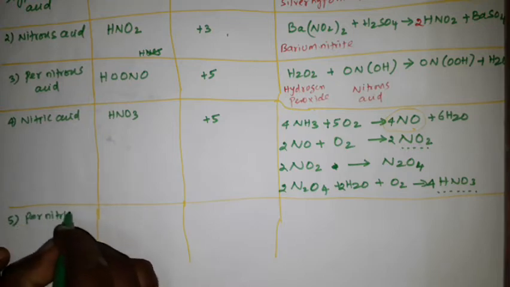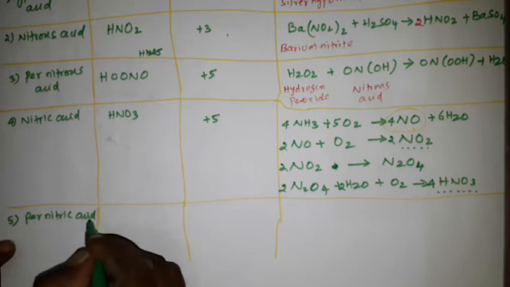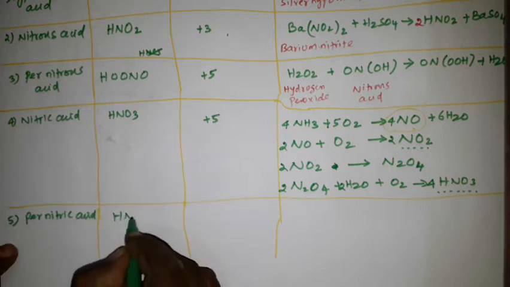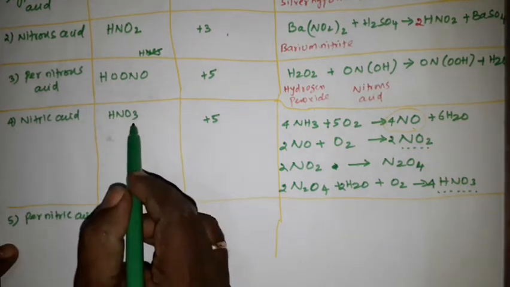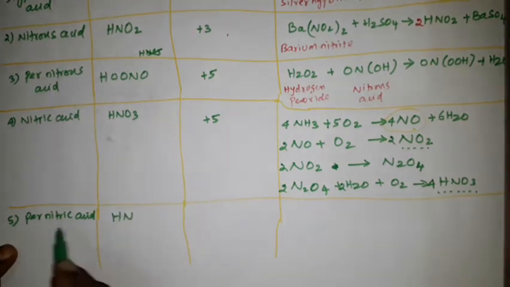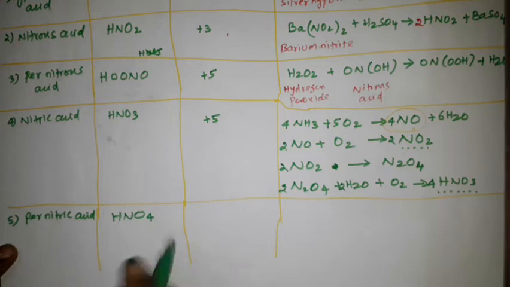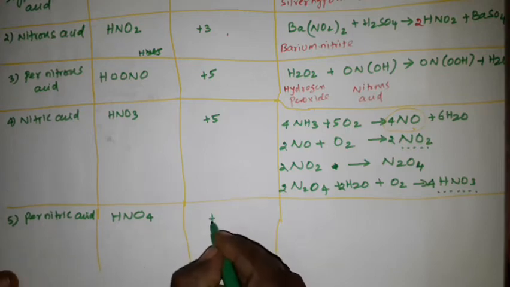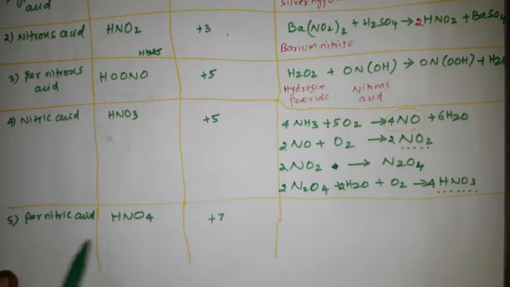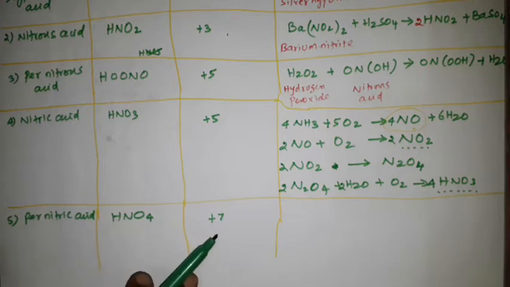Nitric acid, what is the formula? HNO3. I already told you, per means one more oxygen will be coming, that is HNO4. So here the oxidation state for this nitrogen is +7. In the pernitric acid, the oxidation state of nitrogen is +7.